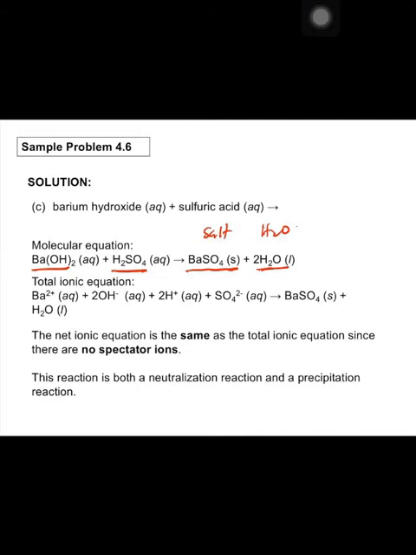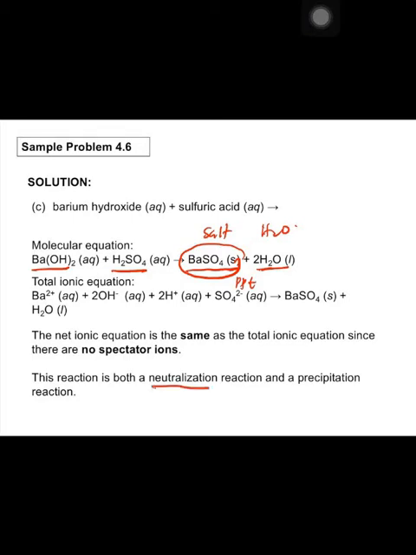Okay. But now the question is, apa jenis tindak balas kita ni? Okay. So jenis tindak balas dia sebab dia menghasilkan precipitate. Okay. PPT stands for precipitate here. Okay. And then dia juga menghasilkan water. So maknanya kita punya reaction ni dia dua jenis.